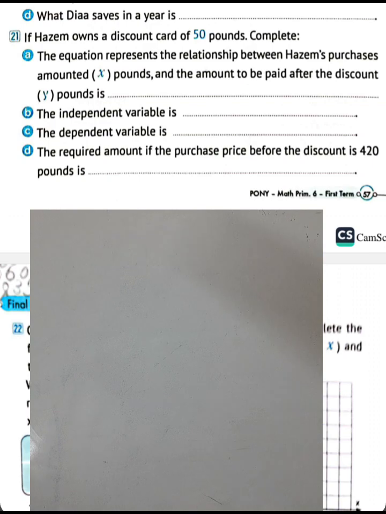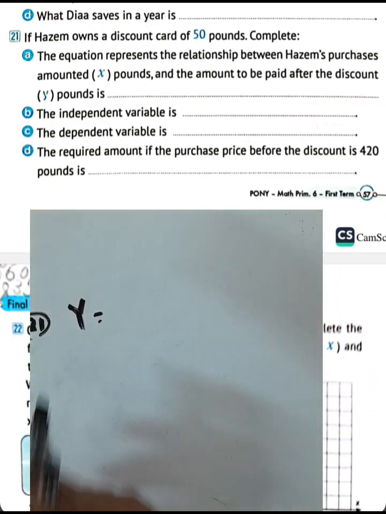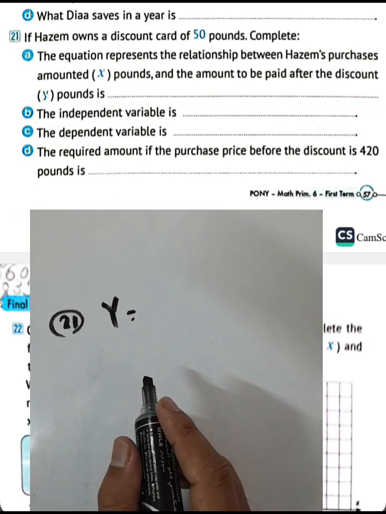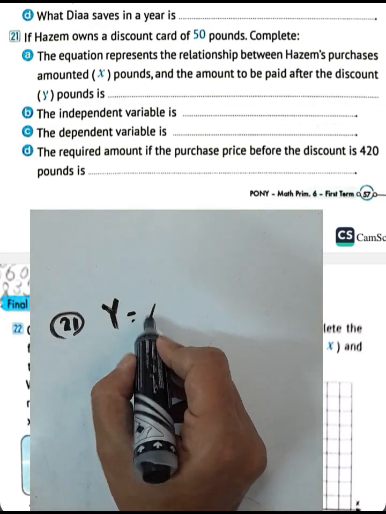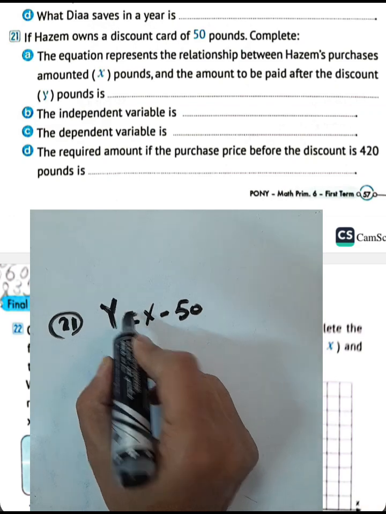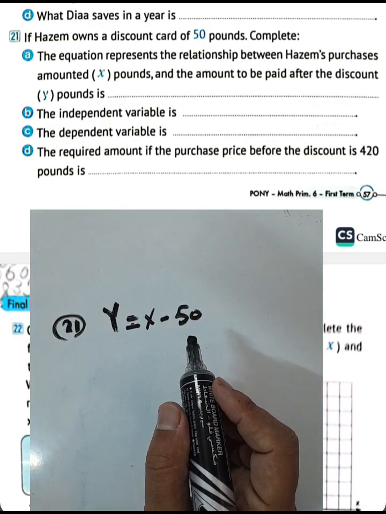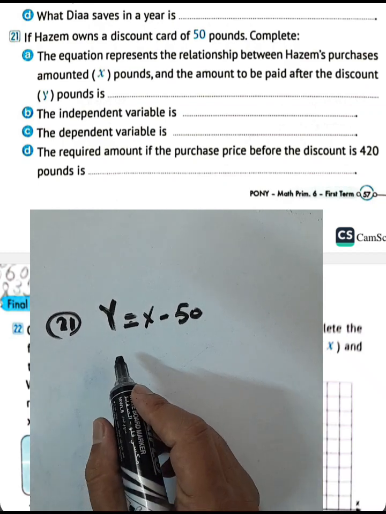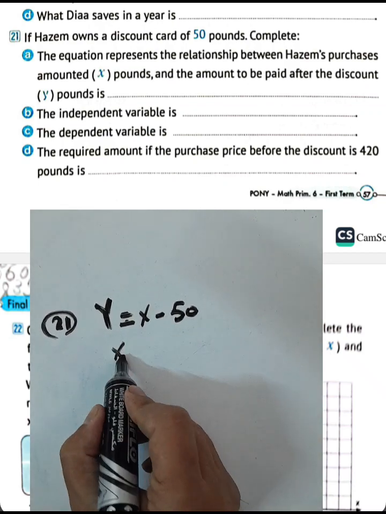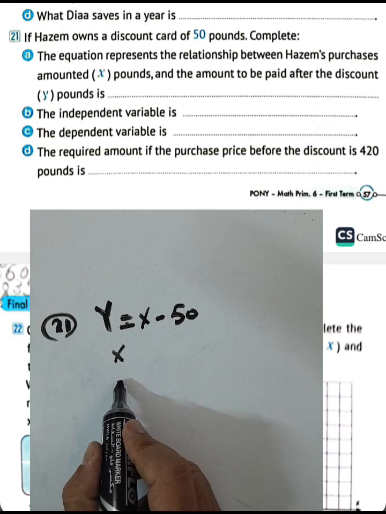Okay, we have the total will be Y. Discount means subtract from the total number X, subtract by 50, the discount card of 50 pounds. The independent variable here will be X, and the dependent variable here will be Y.